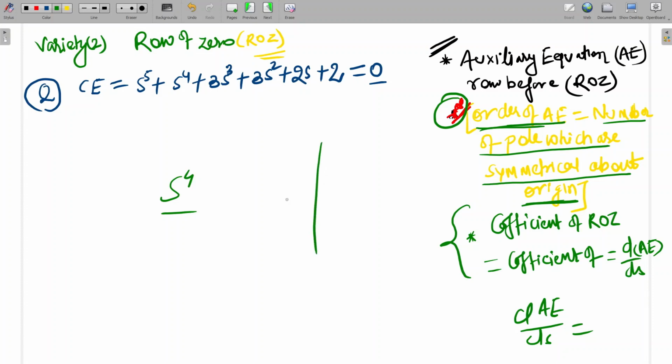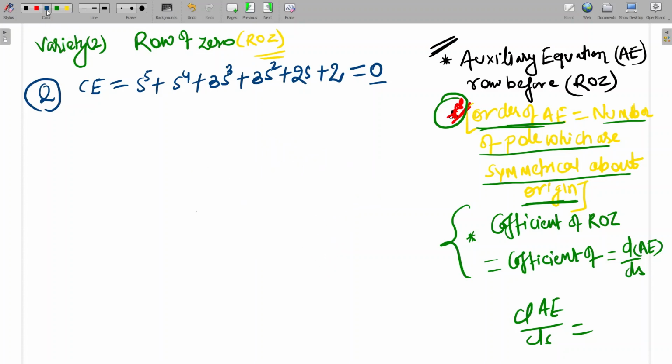It will not always be on the j omega axis. Symmetrical means it can be anywhere, it can be on the real axis also. Most of the time we make the mistake of considering it on the j omega axis only. No, it's not true. If you see some question, then it will be more clear.